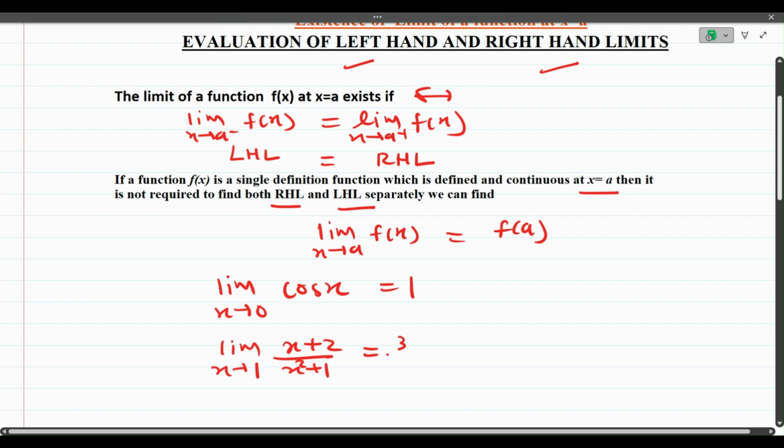So it's going to be 3 by 2. So it's a single definition function and it's defined and continuous, because substituting 1 in this function, we are not getting any indeterminate form or 0 by 0. So the limit of the function can be written in this way.